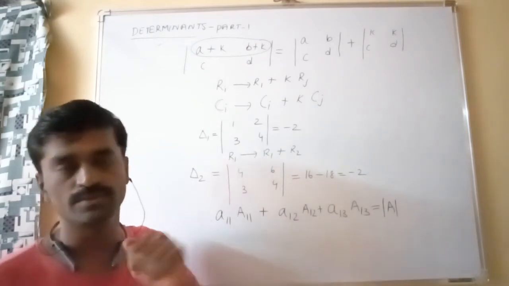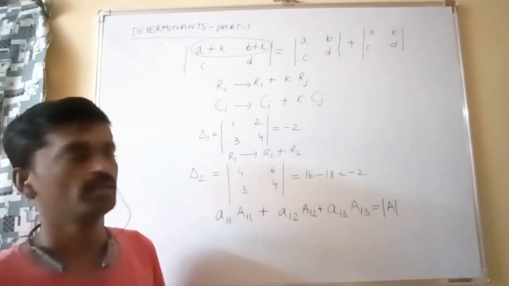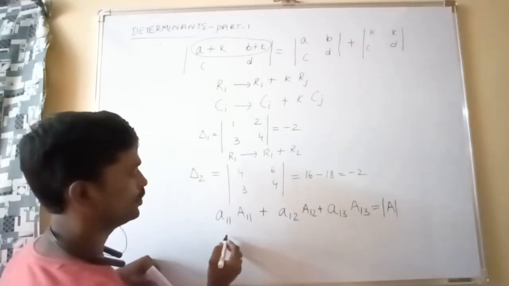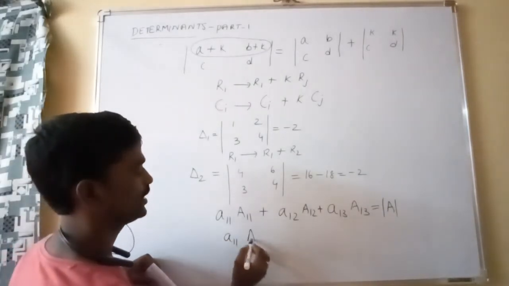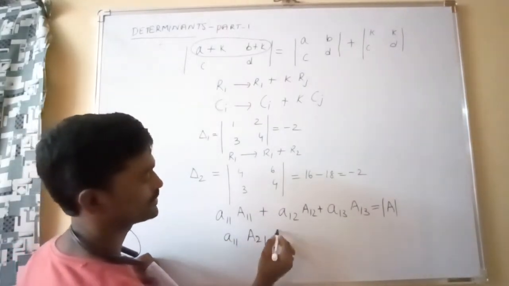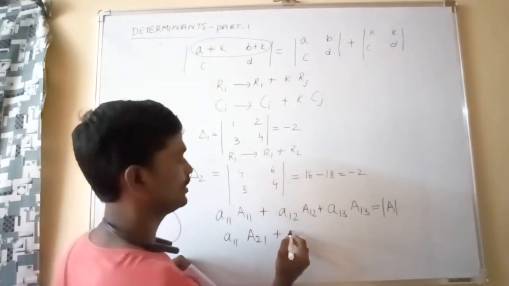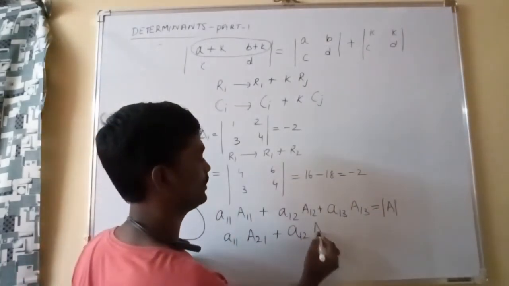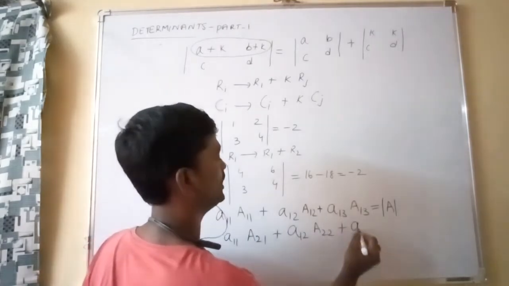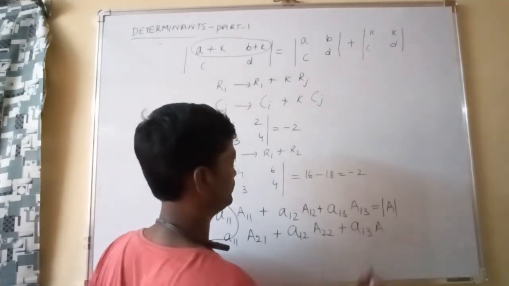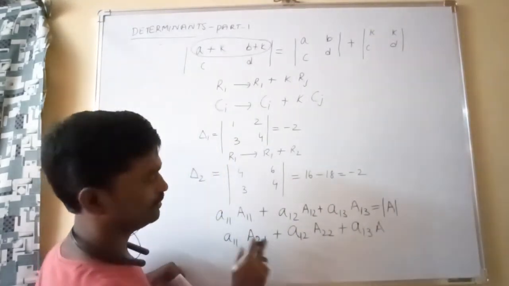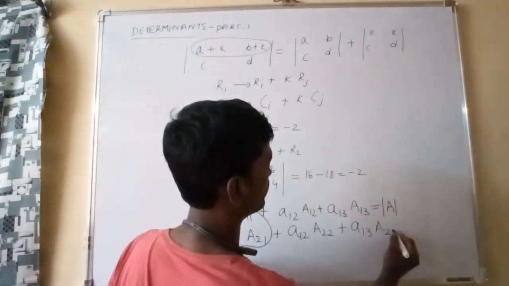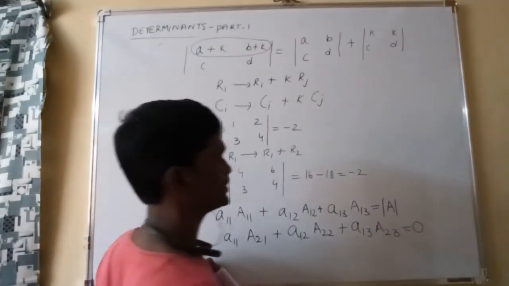Then what will I get? The sum will be 0. So that means a11, first row element, capital A21, second row cofactor, a12 into capital A22 plus a13 into capital A23. So its value becomes what? 0.